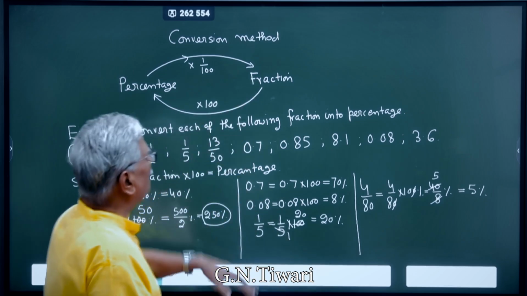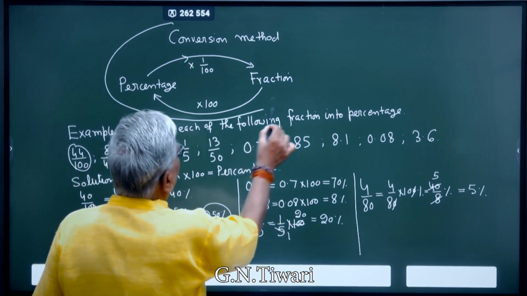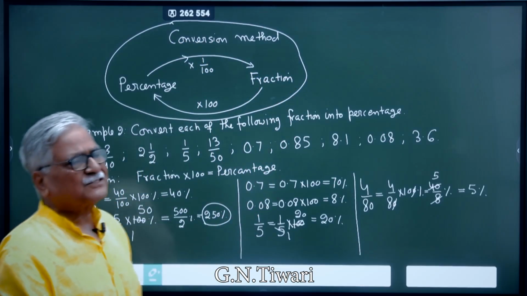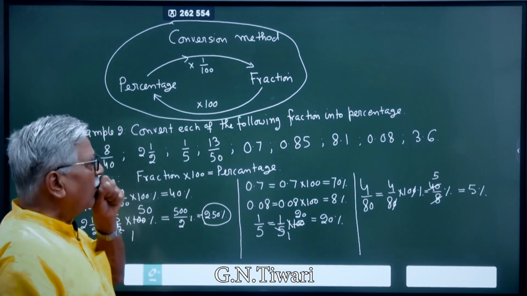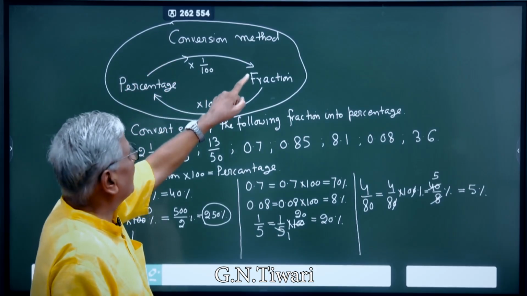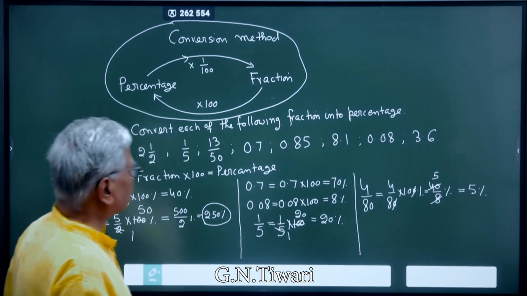That is how this conversion table is very, very important. For the students, if they do not understand the meaning of percentage and fraction, just tell them: percentage multiplied by 1 by 100 gives the fraction. Fraction multiplied by 100 gives a percentage.